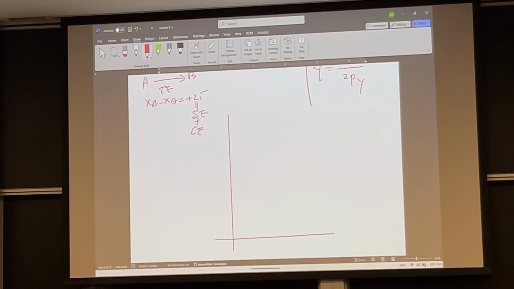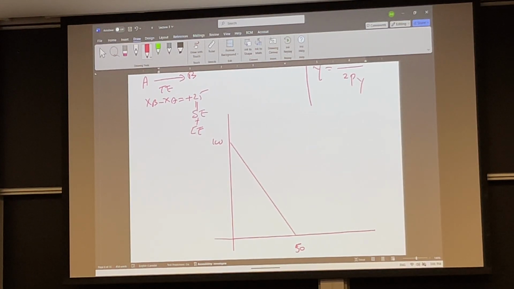Let me graph the original budget line. That's the original budget line. Right? Let me graph the terminal budget line. The consumer consumed at point A, that's 25.